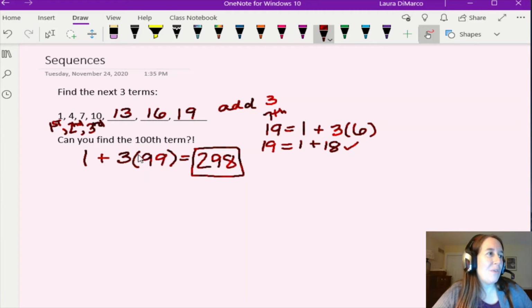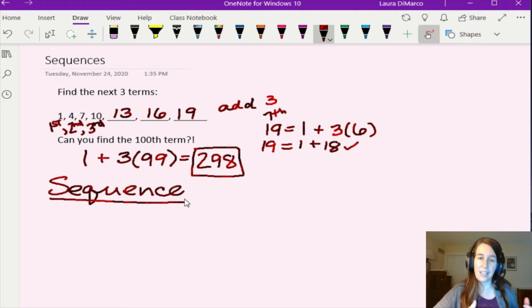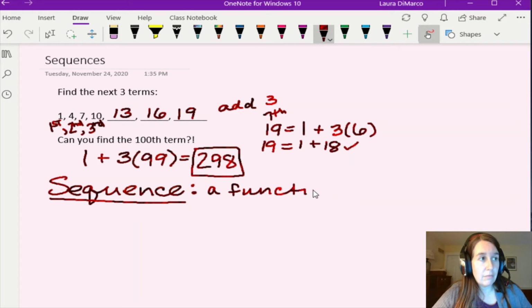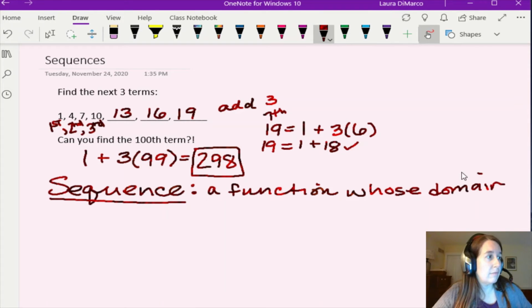Okay, so this list of numbers is called a sequence. It's a sequence of numbers. Basically, it ends up being a list of numbers. But the true definition of a sequence is it's a function whose domain is the positive integers.